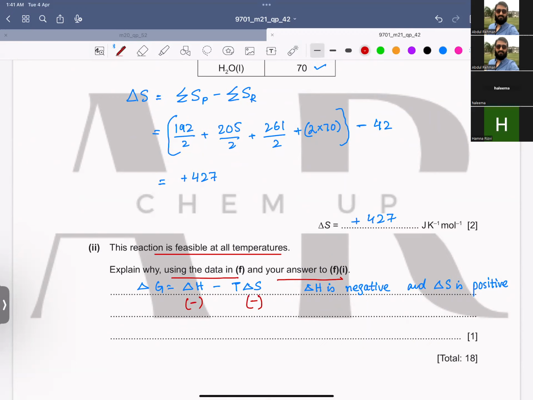So whatever the temperature I would take, the Gibbs free energy always stays negative, right? Can the Gibbs free energy value be positive in this case? Sorry, delta S is positive, so minus T delta S stays negative and delta H is negative. So when you add them, your answer will always come with a negative sign.